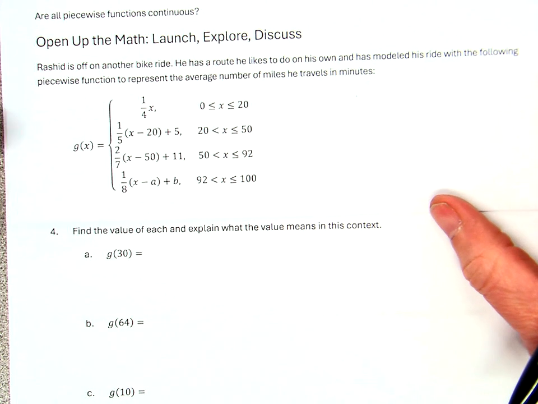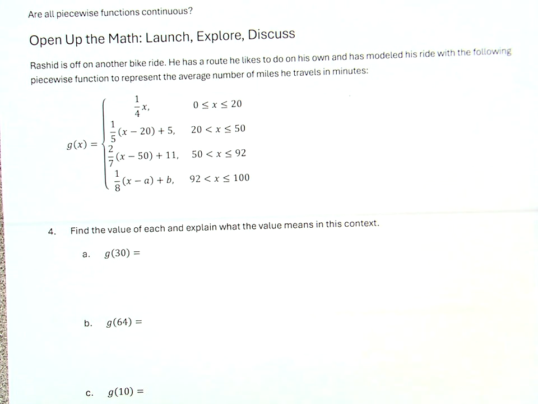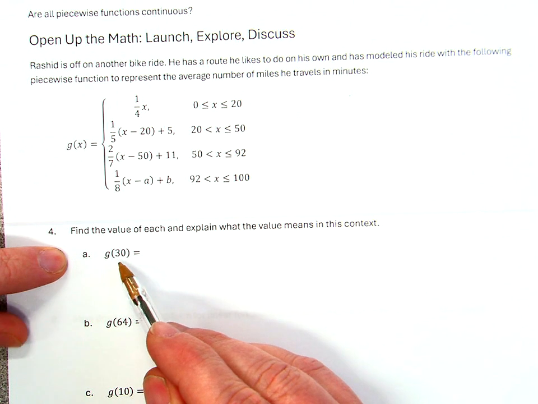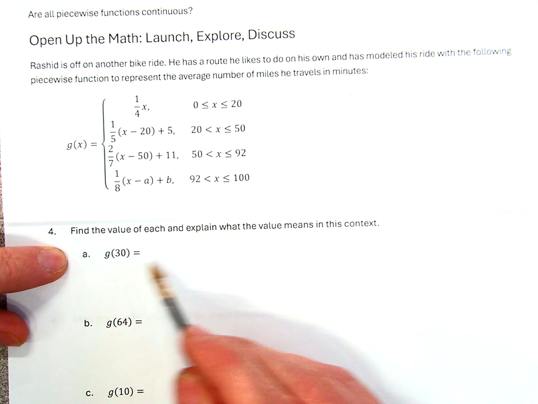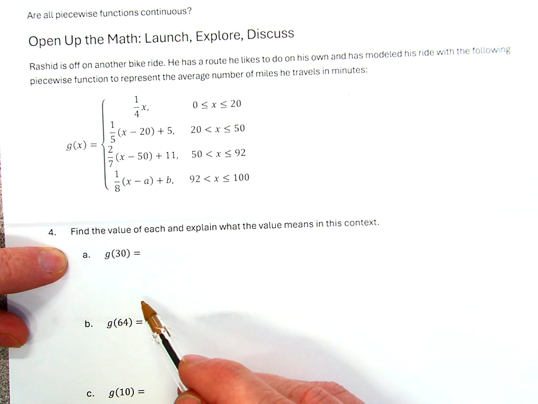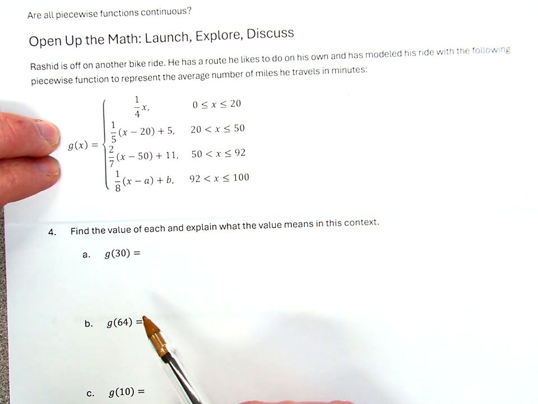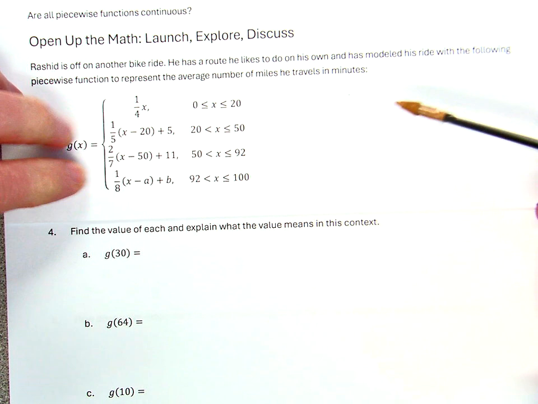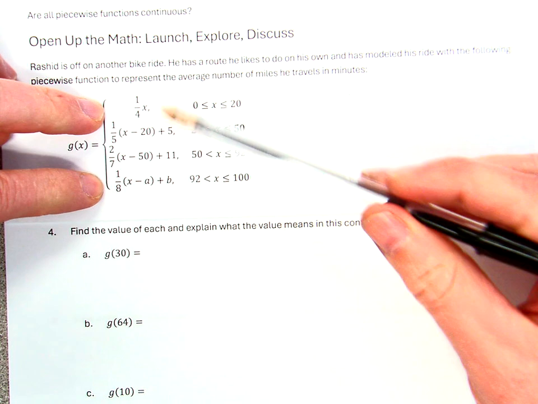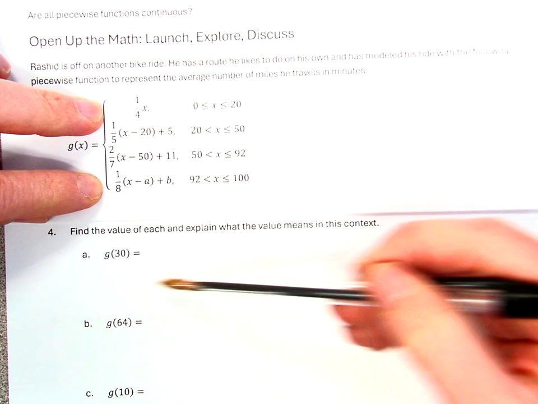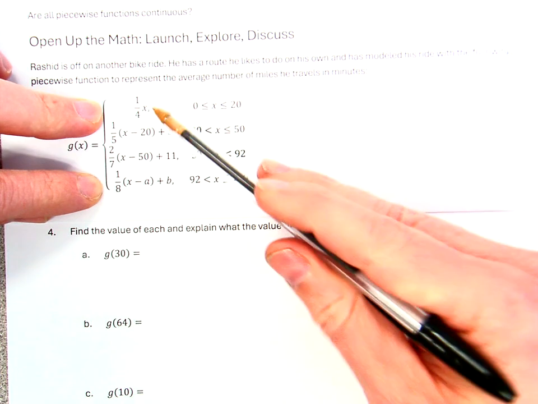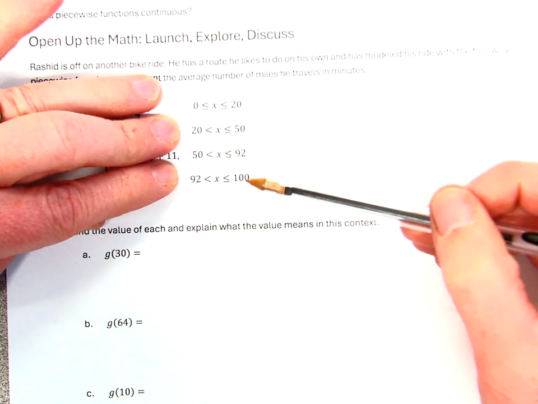Again, we talked about this in the last lesson. 30 is the value of x, and we want to plug it in to get a value out. But since this is a piecewise function, we would need to know which one to plug it into. We don't plug 30 into every single one and then just record every answer, because each of these subfunctions has a domain.